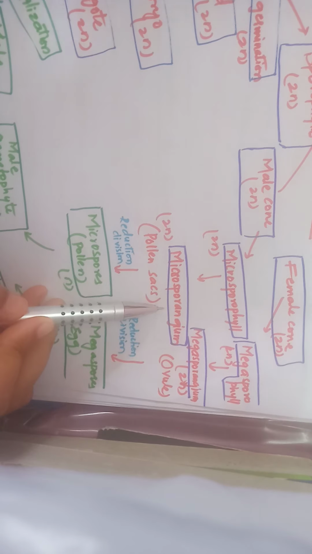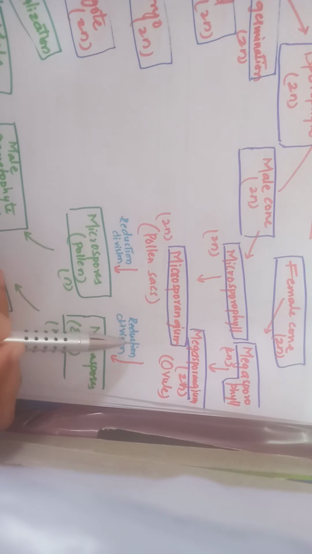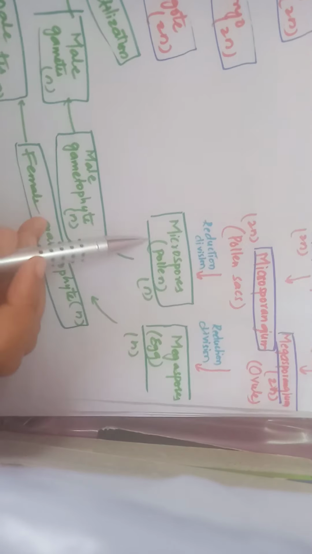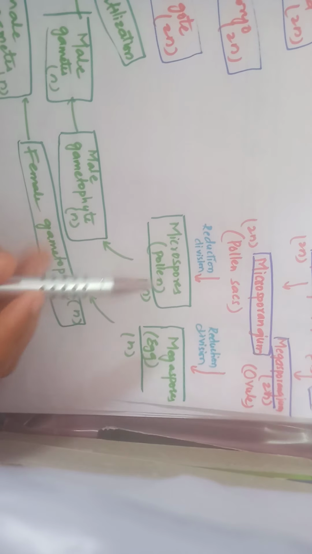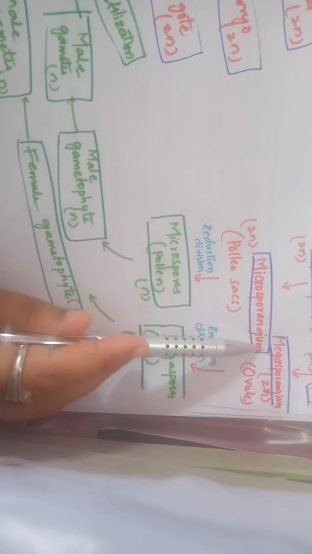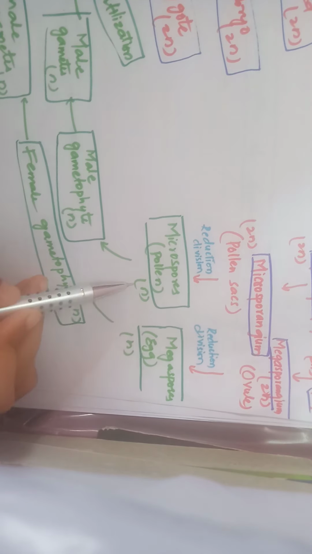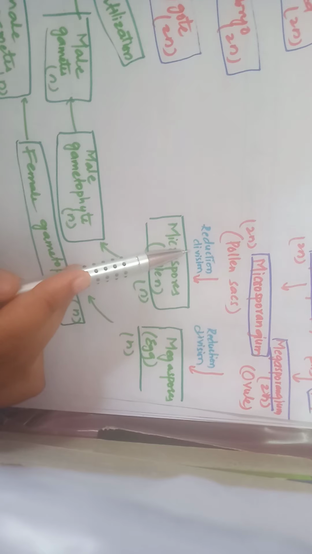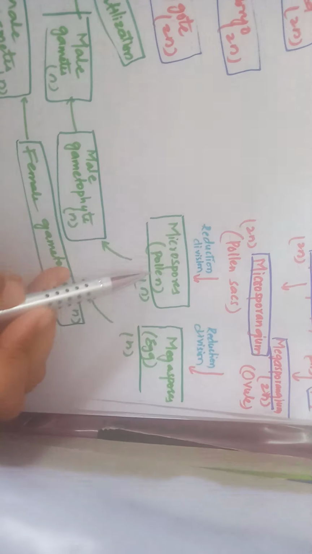Inside the microsporangium and megasporangium, reduction division or meiosis takes place. As a result it produces the pollen grains, or microspores, and in the megasporangium it produces the megaspores or the eggs. Here the ploidy will be n, meaning haploid. Due to meiosis there is a reduction of number from 2n to n.